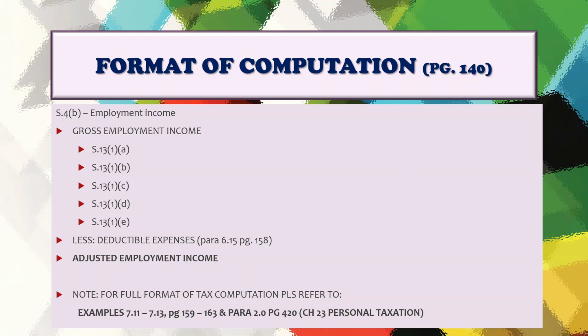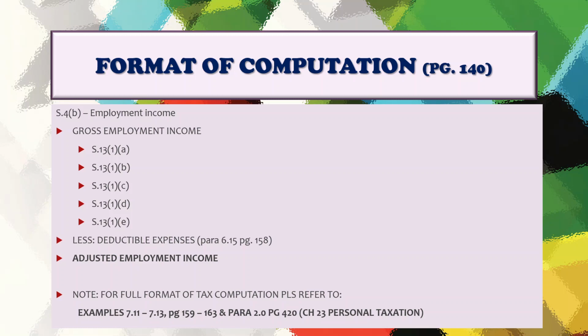Once you get your adjusted employment income, it is not yet the full format of tax computation. Refer to example 7.11, and also up until 7.13.